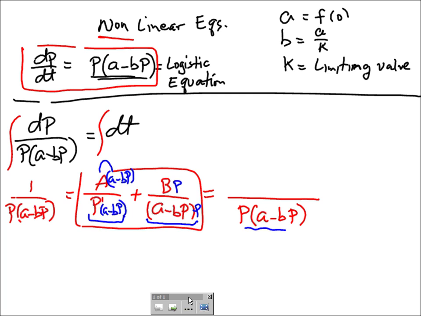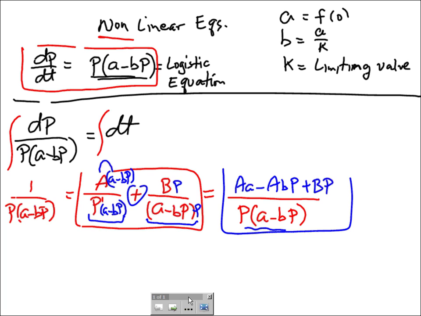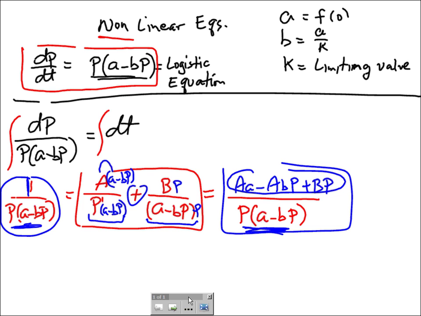Distributing the capital A, I get capital A times little a minus capital A times bp plus capital B p. And this fraction is supposed to equal that fraction. Since the denominators are both the same, this numerator is simply 1. So 1 is equal to, I'm going to combine like terms. I want to combine the p's and the constants.